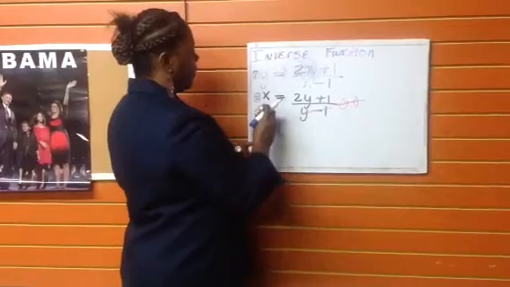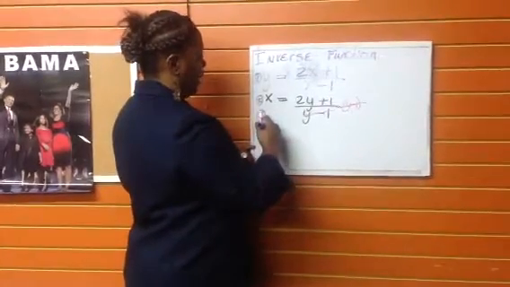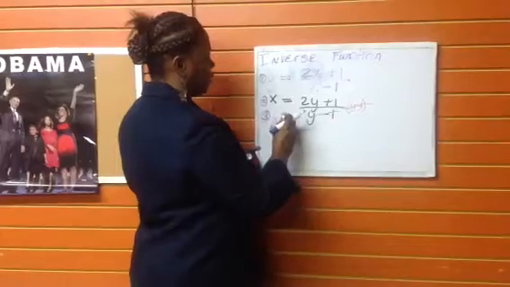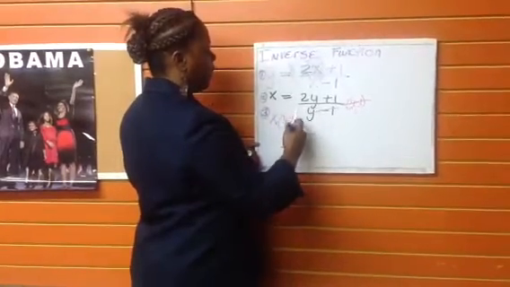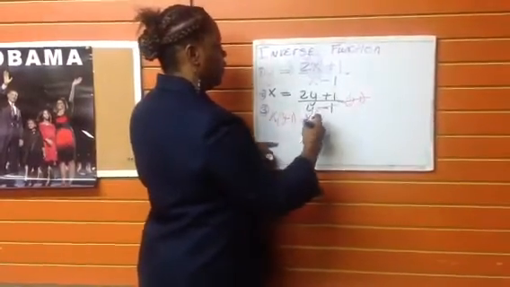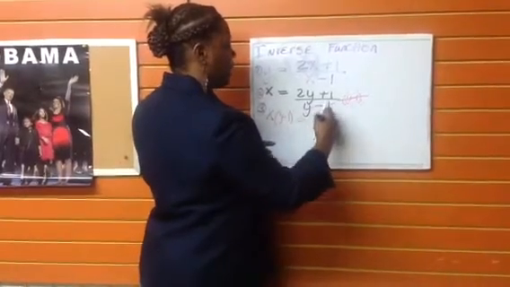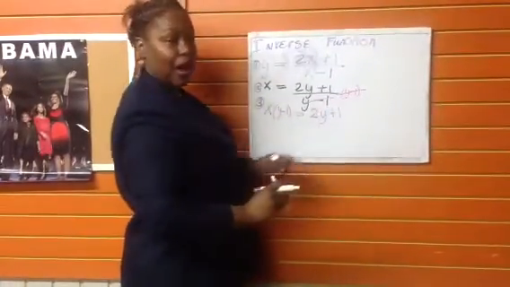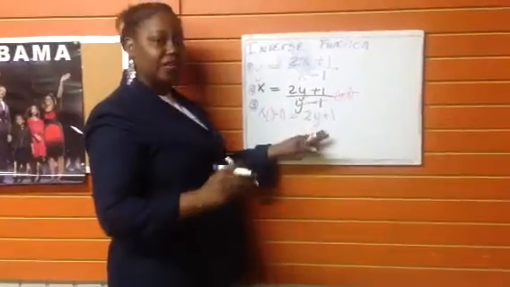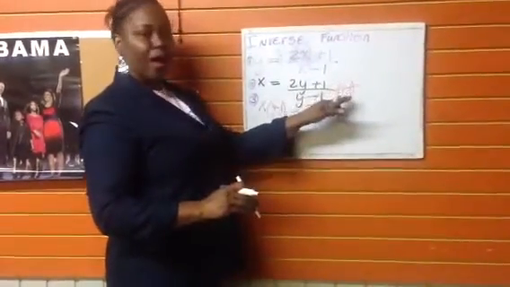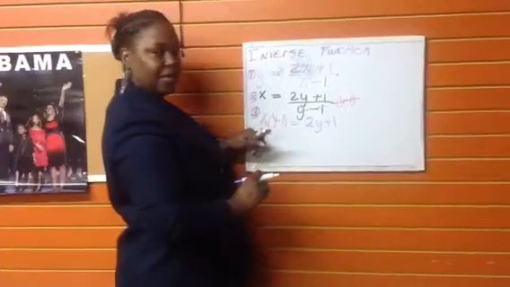So, x times (y minus 1) equals 2y plus 1. I've already gotten rid of the denominator by multiplying y minus 1 to both sides. And notice I did it over here.